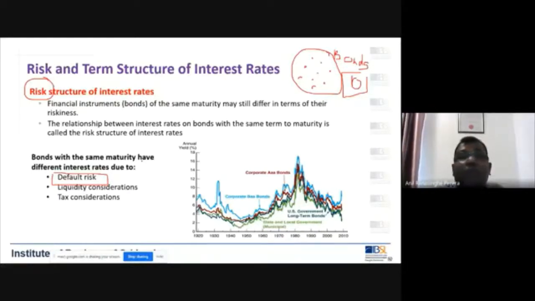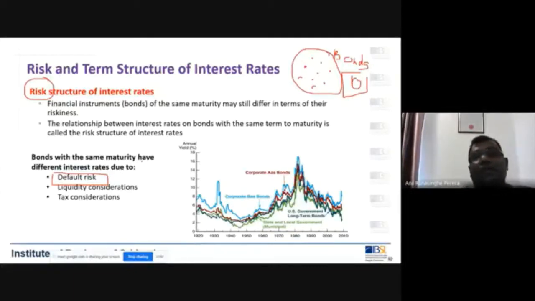And if you have a good customer who's paying loans on time, no defaults, borrowing on a large scale, a prime customer, you will have a low interest rate on his facility. So likewise, default is one of the key factors determining the different levels of interest rates in the economy.